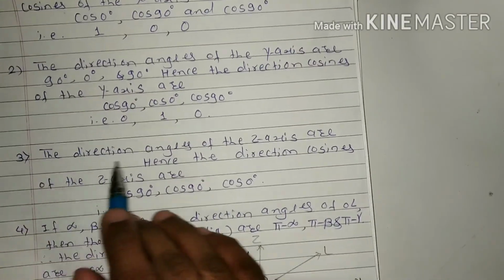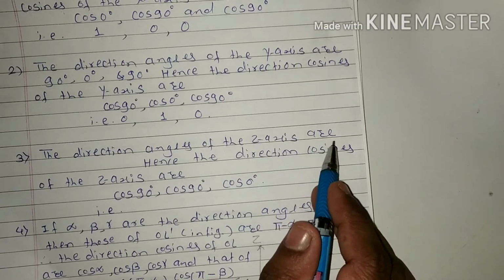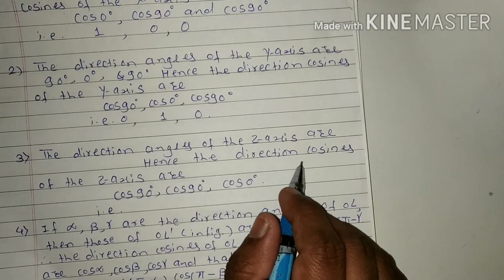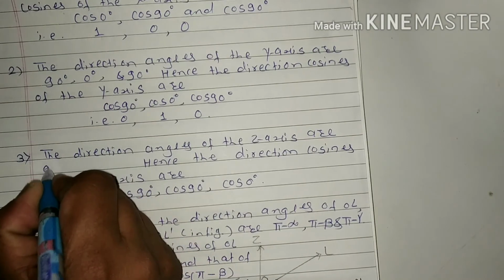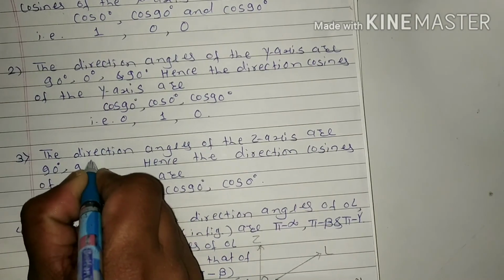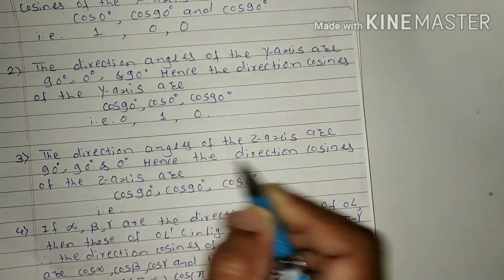Third point, the direction angles of the z-axis are 90, 90 and 0.